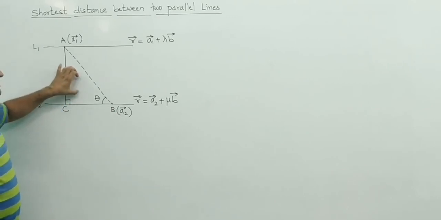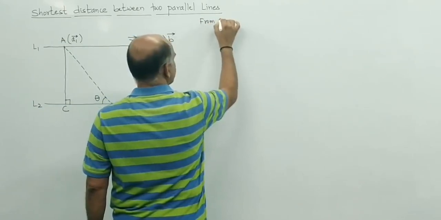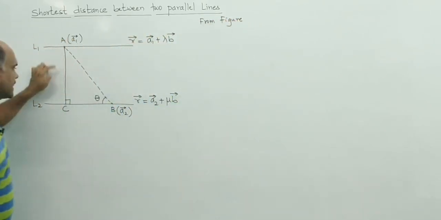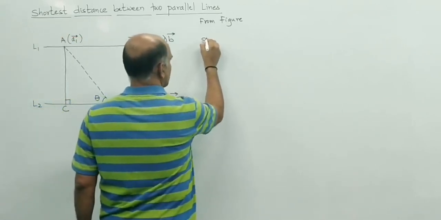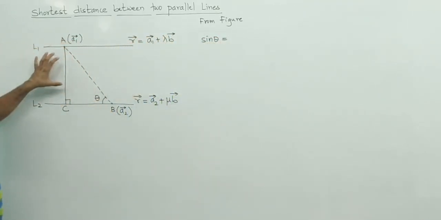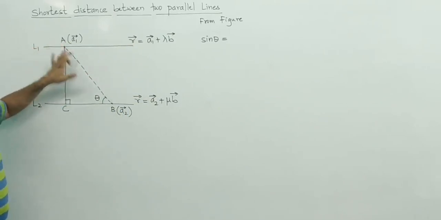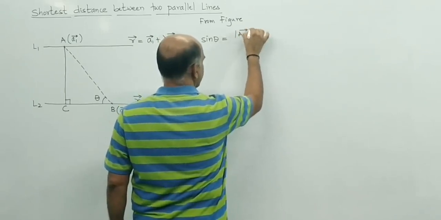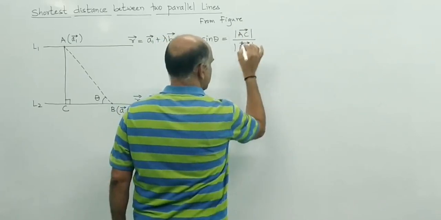Now, from the figure, or triangle ABC, sin theta is equal to opposite by hypotenuse. So opposite is AC by AB. So sin theta is equal to magnitude of AC divided by magnitude of AB.